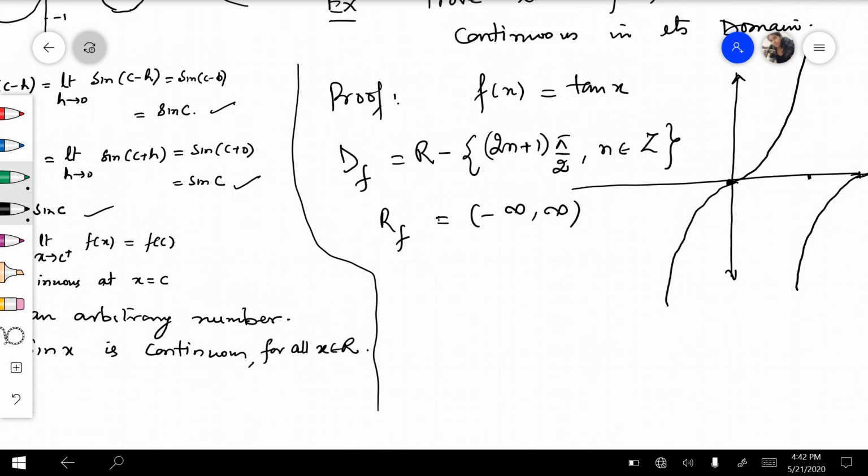So f of x this time is equal to tan of x, and we know that tan x is equal to sin x upon cos of x.